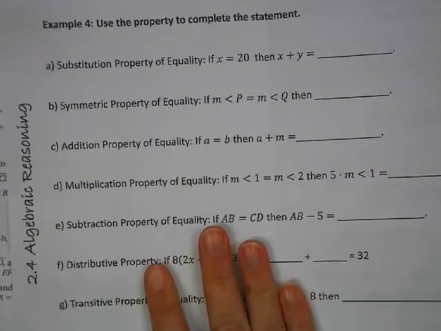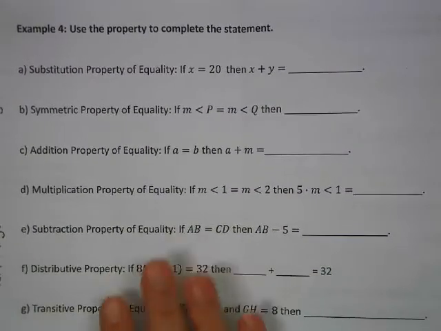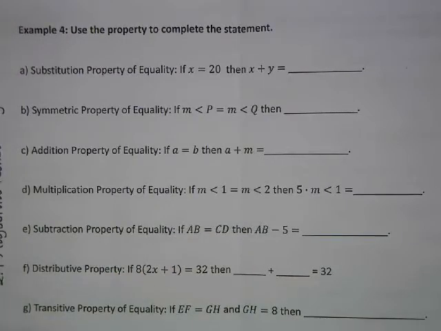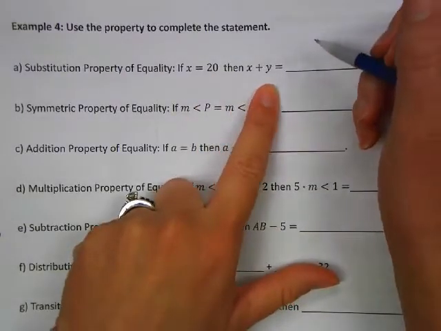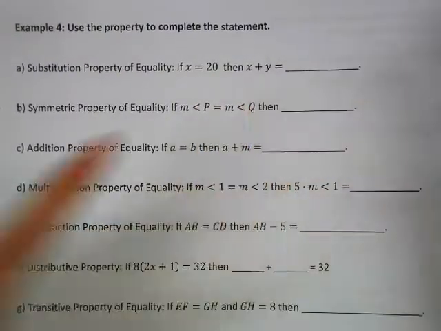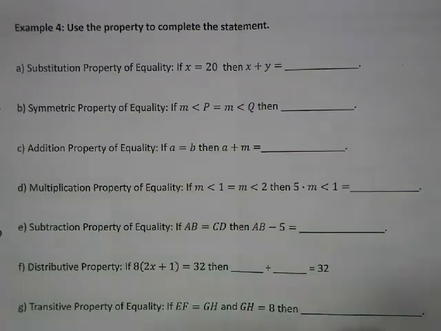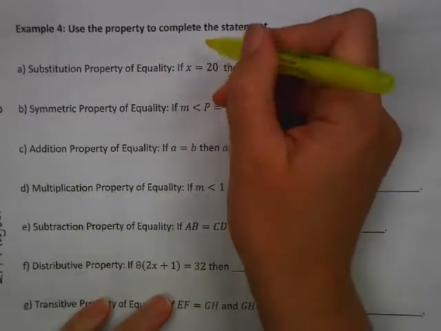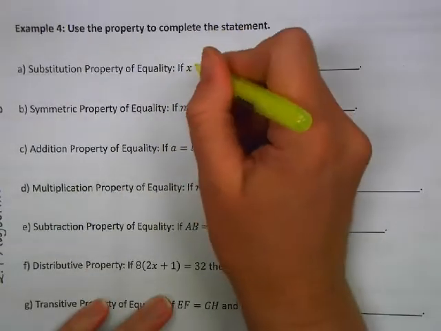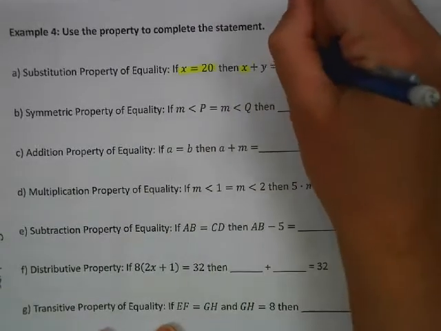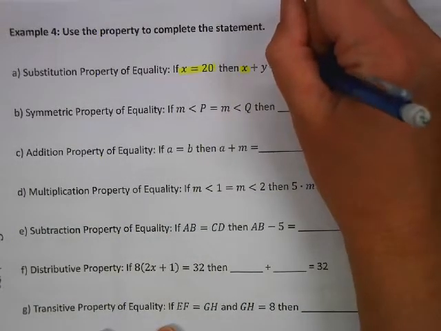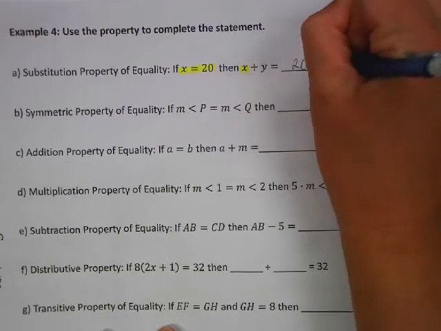If x equals 20, then x plus y equals blank. So again, we're using the substitution property of equality. So we're going to substitute 20 in for x. So x plus y equals 20 plus y.